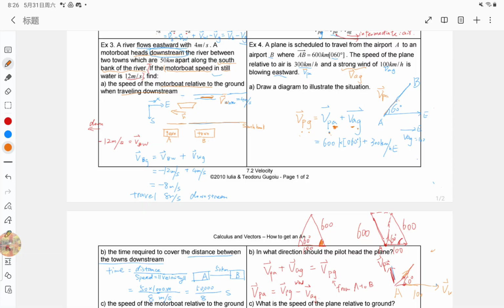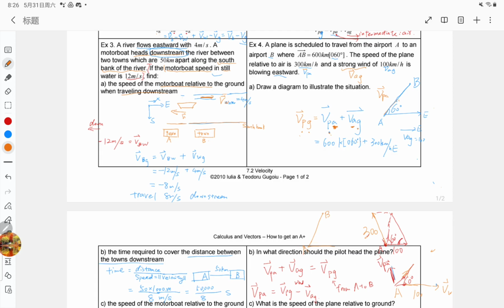Oh, sorry, I think I should draw the plane. Sorry, this plane speed is like 300. Plane to the air is 300, right? So I should draw 300 here. But still, I don't think this is too obvious.